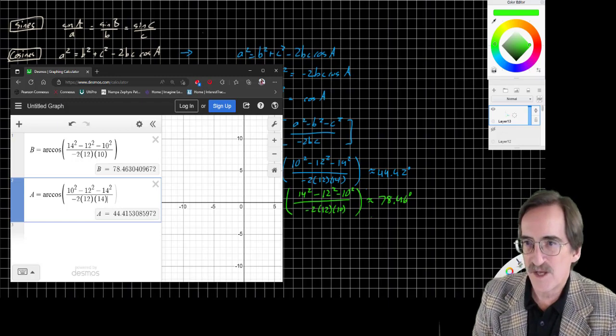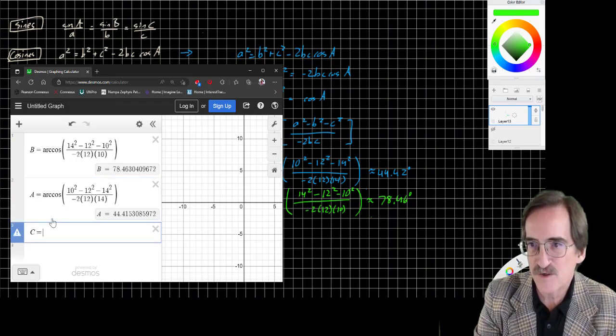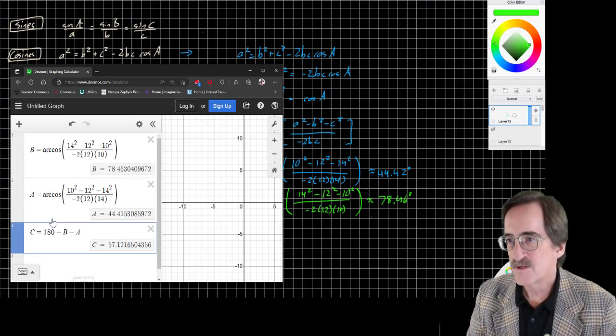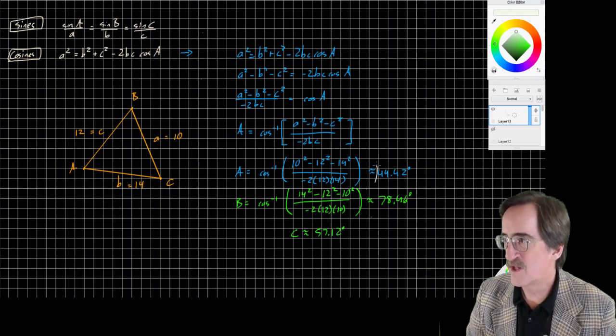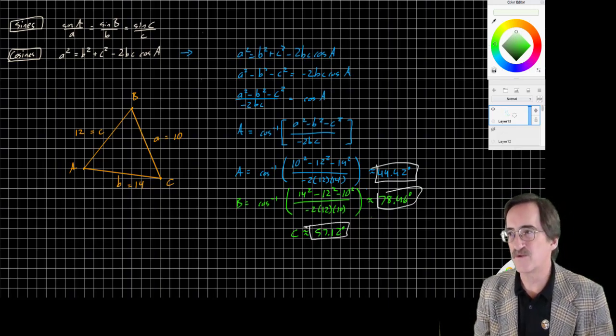Okay, there's A, and then C is equal to 180 minus B minus A. So C is 57.12. Okay, there we go. We've got A, we've got B, we've got C. We have solved the triangle for the remaining 3 facts.